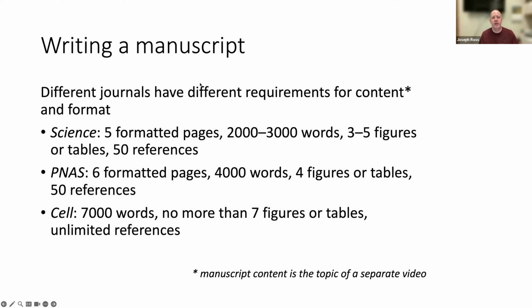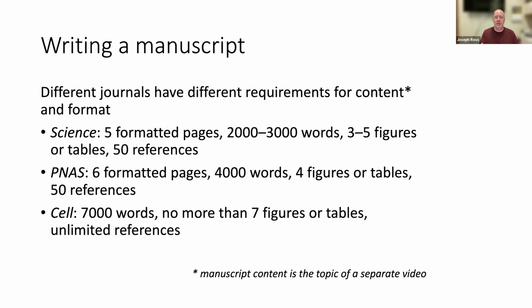So for example, you can see here that in the journal Science and also in Nature, which is another famous journal, typically those are short research articles, 5 pages after they're formatted, between 2,000 and 3,000 words, a small number of figures, and a limited number of references or citations, which is really odd to some.